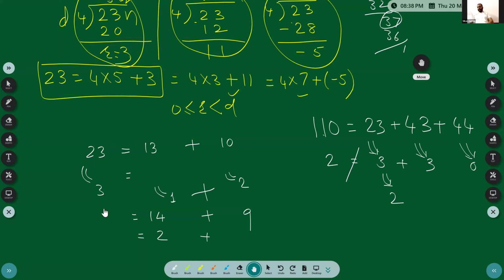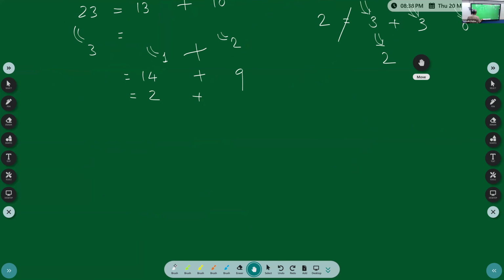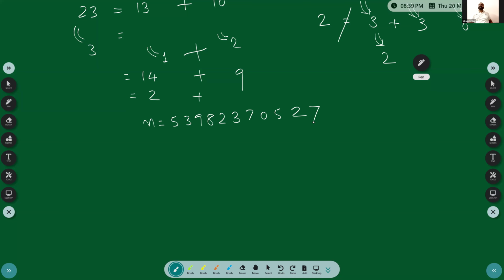So therefore, regarding the divisibility test, suppose my number n is equal to 5398237527. Now, if we keep dividing this number by 8, it is going to be time consuming.